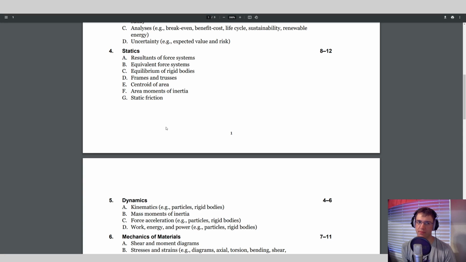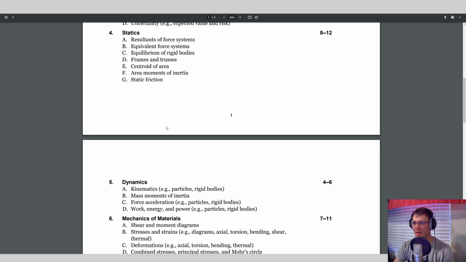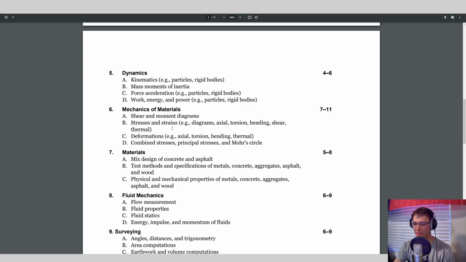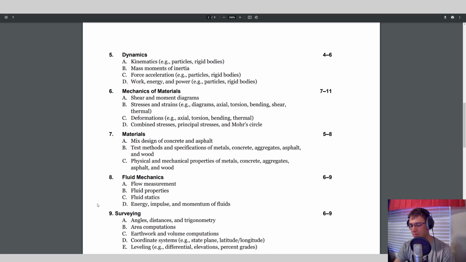But you set the sum of the forces to 0 because it is static and not moving. 8 to 12 questions. Going to be pretty heavily represented on this exam.